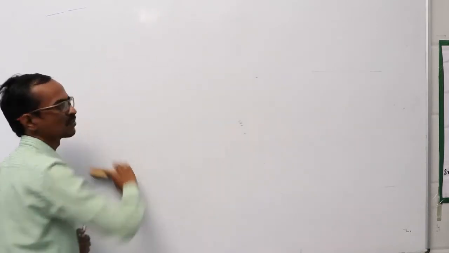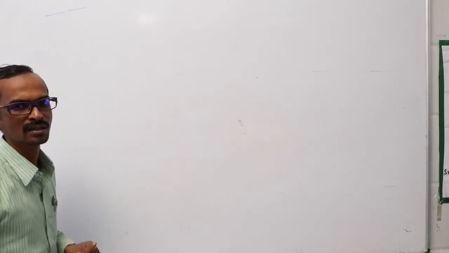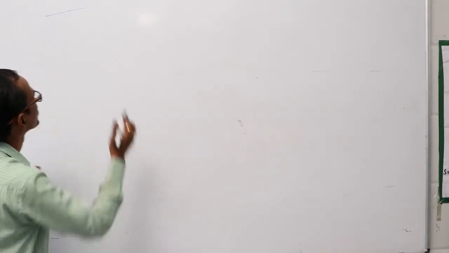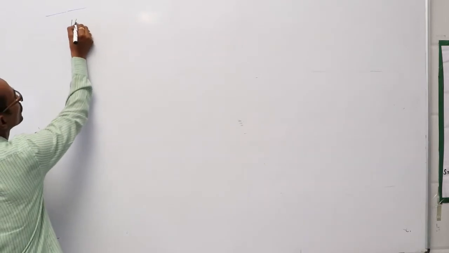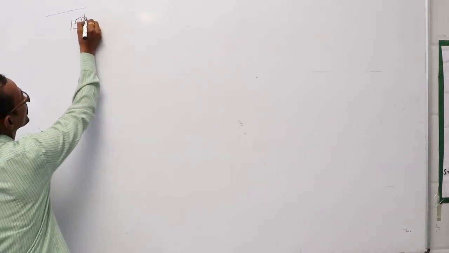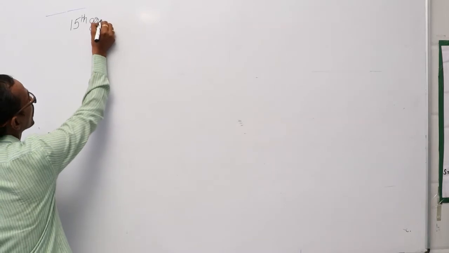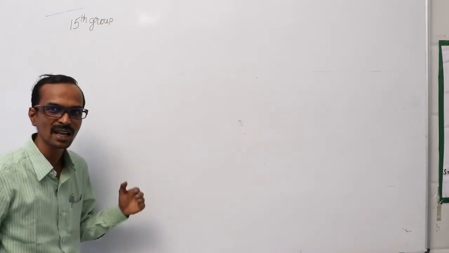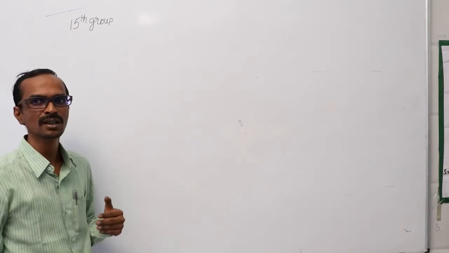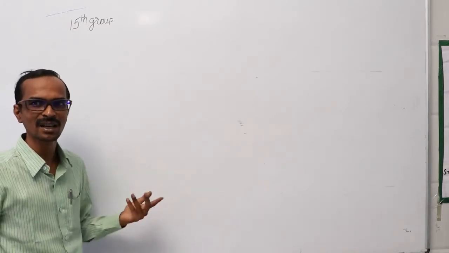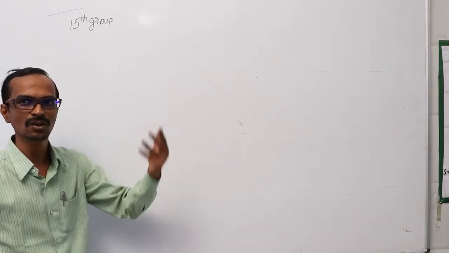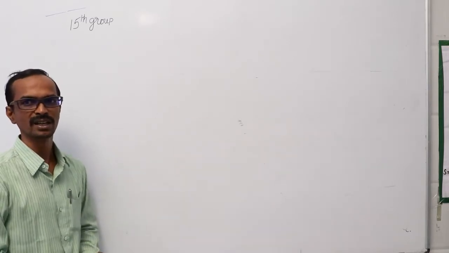So here, as I told, we can write two different names for these elements. 15th group elements. This numbering is given according to the IUPAC system. According to IUPAC system of assigning numbers to the groups, we assign the numbers from 1 to 18 in the long form of periodic table.